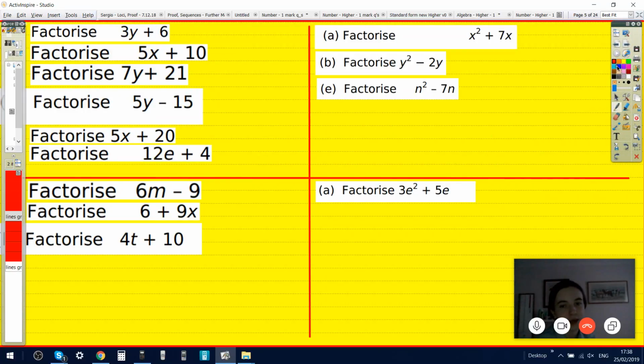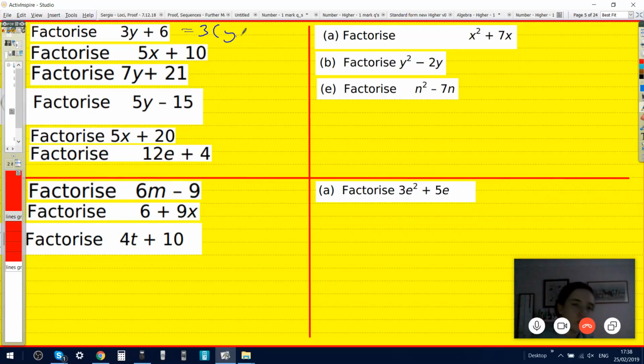Top left. 3y plus 2. Say this one. 7y plus 3. 3.